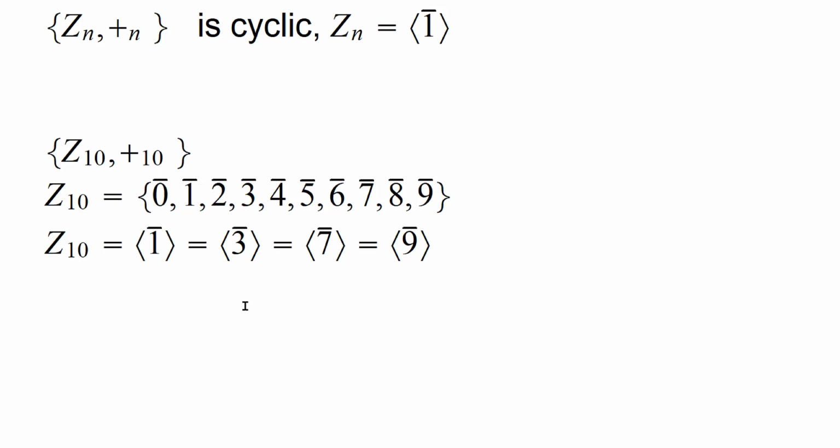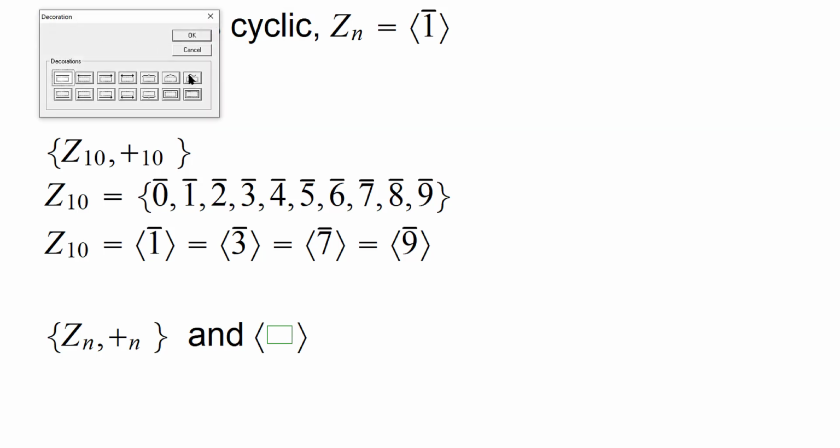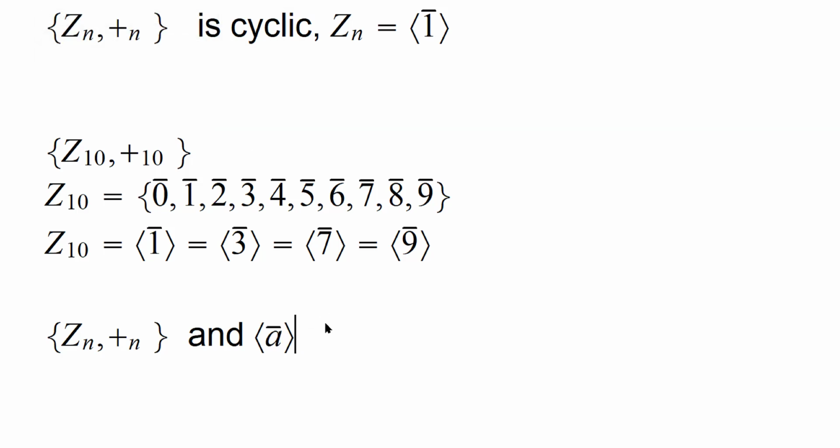All right. So in other words, say we take this in general, and say again, I'm continuing with that, say the class of A bar generates Zn, all right, where we are assuming that 0 is less than or equal to A, and that is less than or equal to n minus 1.